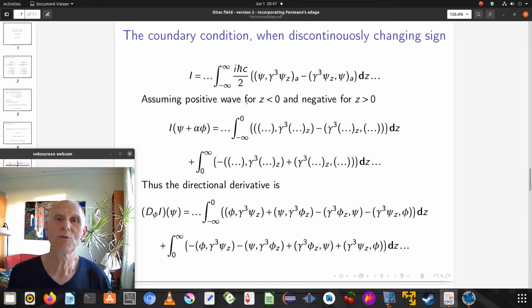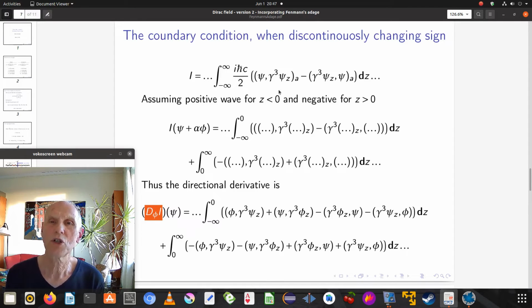And then we shall find the derivative of the action, and that should give some boundary condition.